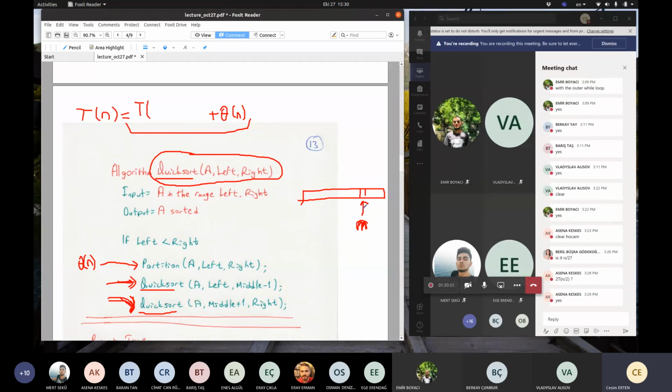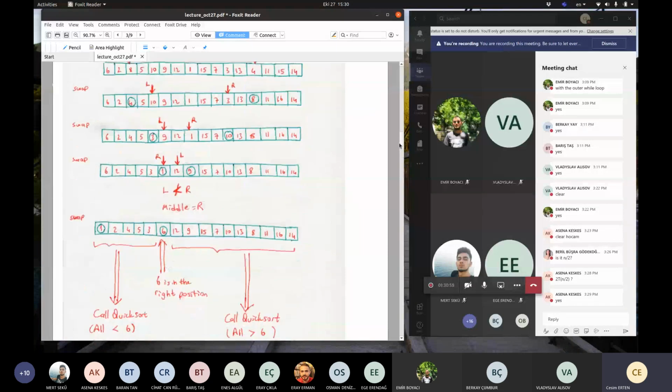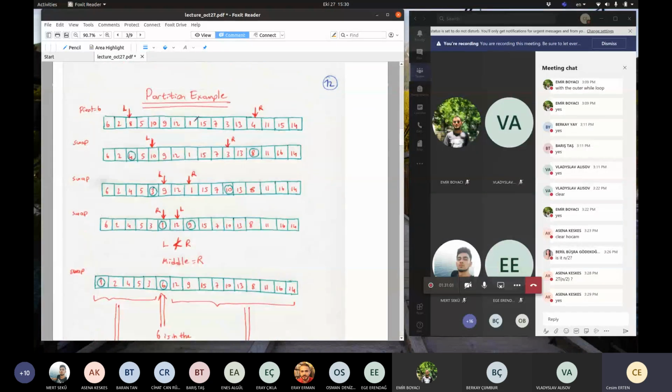It corresponds to the position where the pivot element belongs. So for instance, in our example, how many elements do we have? 3, 6, 9, 12, 15, and 16. We have 16 elements in this array.